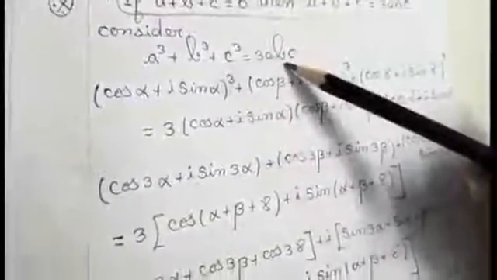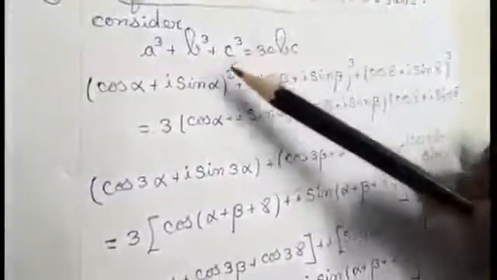Since A plus B plus C equal to 0, I am directly using the property A cube plus B cube plus C cube equal to 3ABC. Now, left hand side also I have the value, right hand side also I have the value. Just see the notation A, B, C. I am using three notations on the left hand side and right hand side.